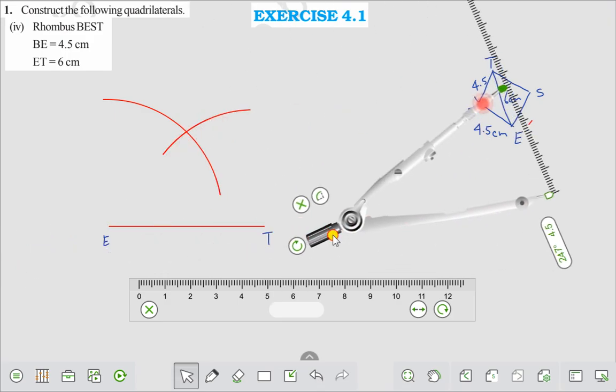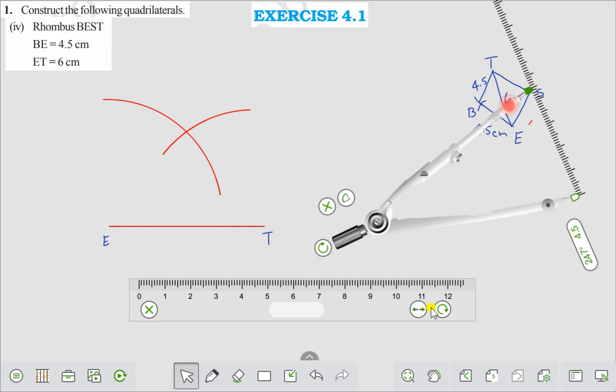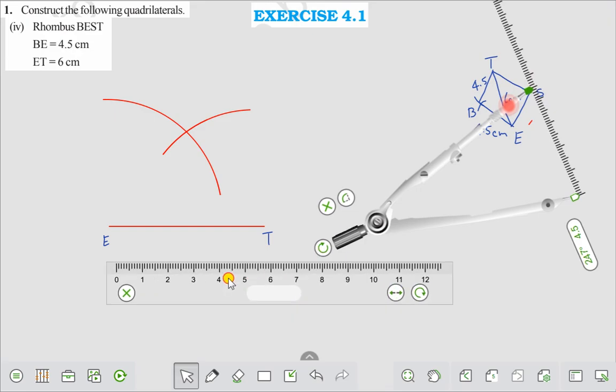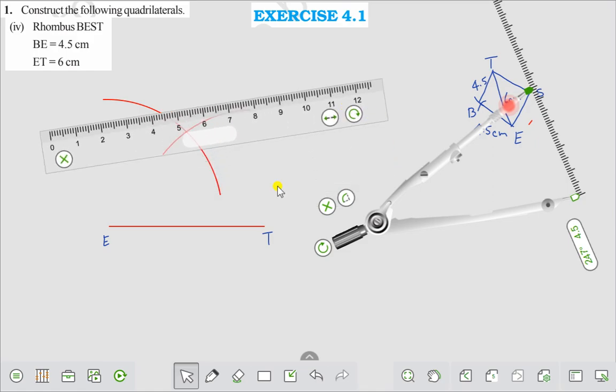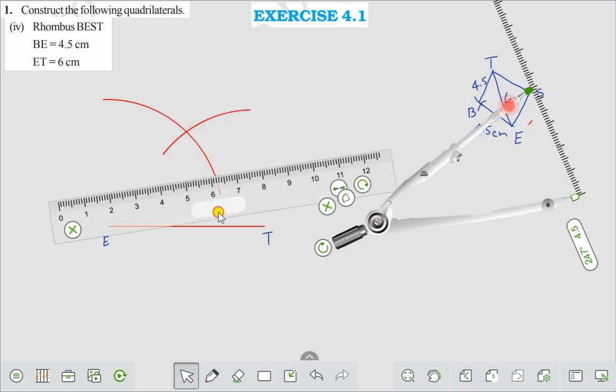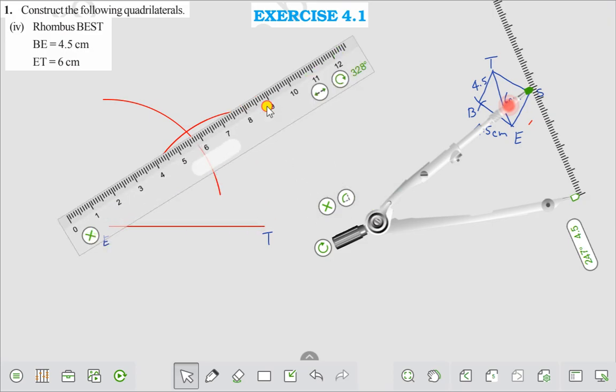Now, join this point with the help of the ruler. Join this point with E. Let us join this point.